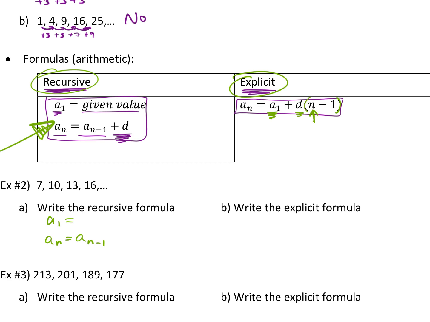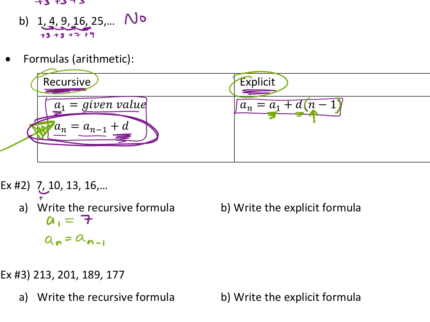Okay, so the recursive formula, you always start like this, but you're going to plug in what we know. So what's going to go behind a sub 1? 7. Okay, and then look up here. It's a sub n minus 1 plus D. Plus 3, right?